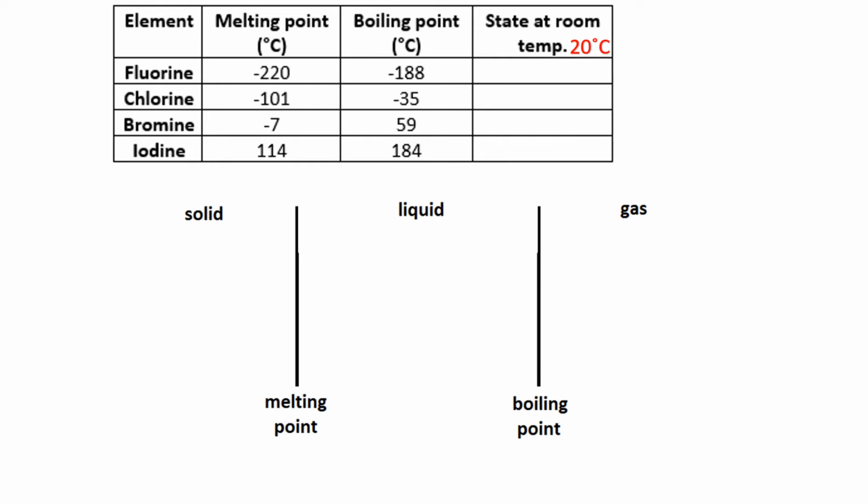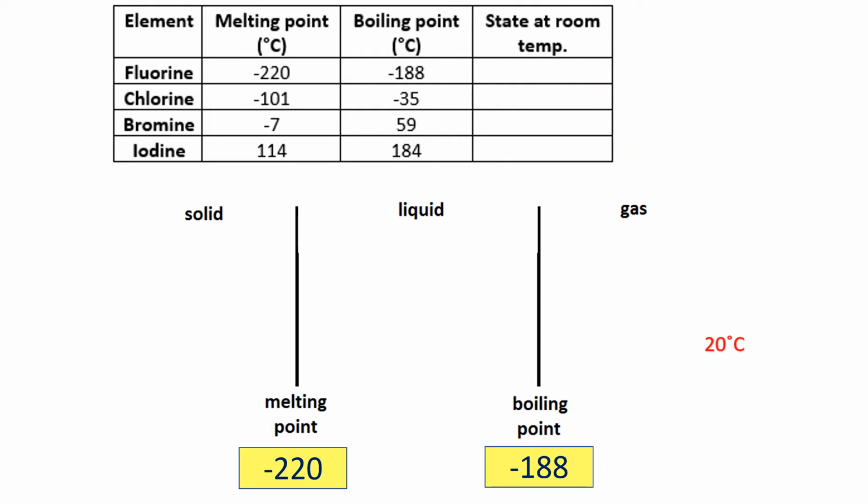Now I need some numbers. So I'm going to look at fluorine first. So I know the melting point for fluorine, it tells me, is minus 220. And I know my boiling point for fluorine is minus 188. Now if I consider those two numbers on a number line, where is 20 degrees, plus 20 degrees?